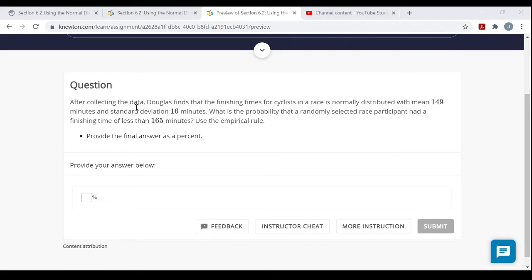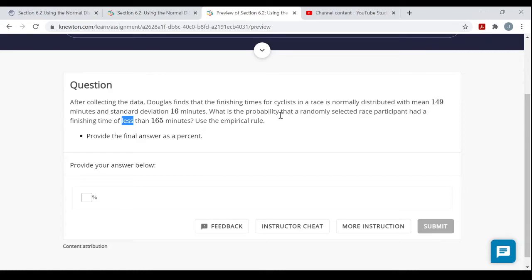So after collecting the data, Douglas finds that the finishing times for cyclists in a race is normally distributed with a mean, so the middle is at 149 minutes, standard deviation is at 16 minutes. What's the probability that a randomly selected race participant had a finishing time less than, so this would be to the left, 165 minutes.